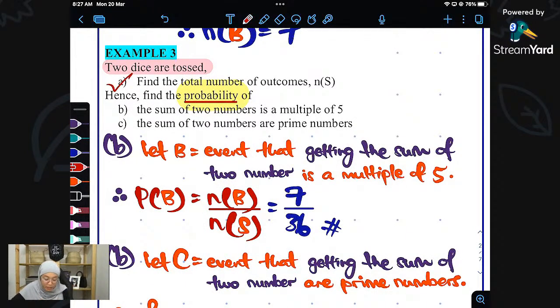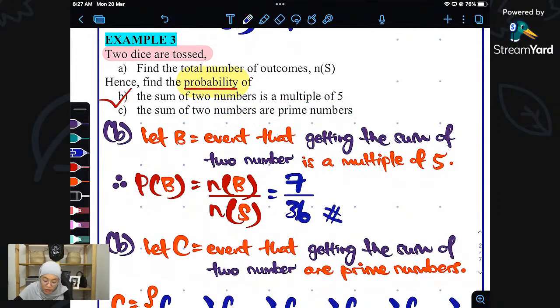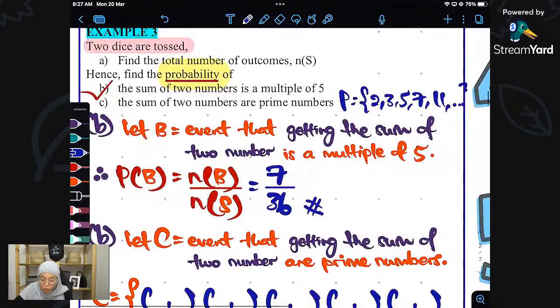Continue. We have answered the first question. The second question: find the probability that the sum of two numbers is a prime number. So for prime numbers you have to list them down first. Prime numbers are 2, 3, 5, 7, 11, and so on.